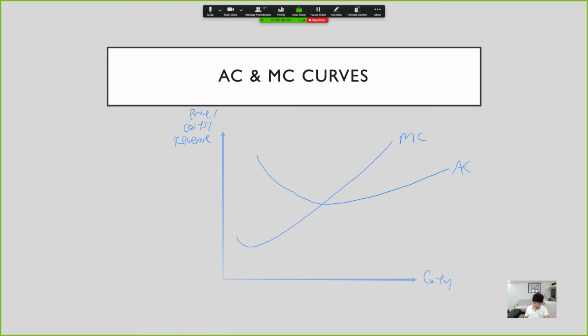I repeat, MC must cut AC at AC's minimum point. This is a rule that has to be followed strictly. MC must cut the AC curve at its minimum point.